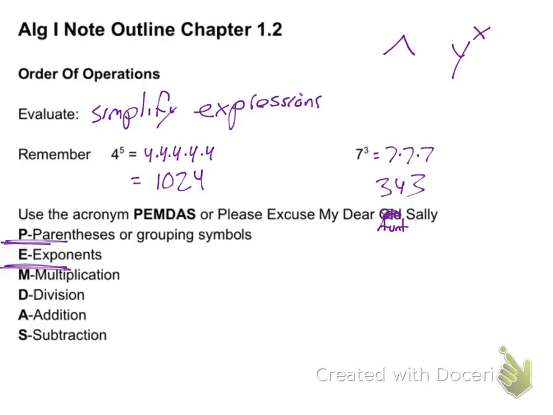But then, when I get down to multiplication and division, I'm going to think of them as the exact same thing. If I divide by 2, I could just instead multiply by half. Is that okay? Yeah. So therefore, multiplying and dividing, guys, are kind of the same thing.